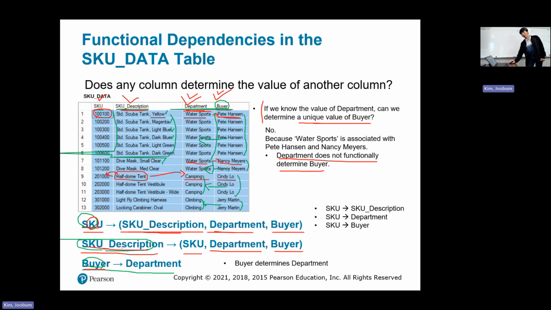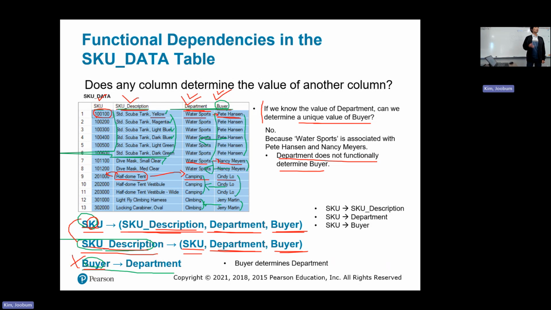SKU and description determine all the other columns: description, department, and buyer; SKU, department, buyer. That means those 2 can be your candidate keys. How about buyer? Buyer only determines department, does not determine description or SKU. So it cannot be a candidate key.